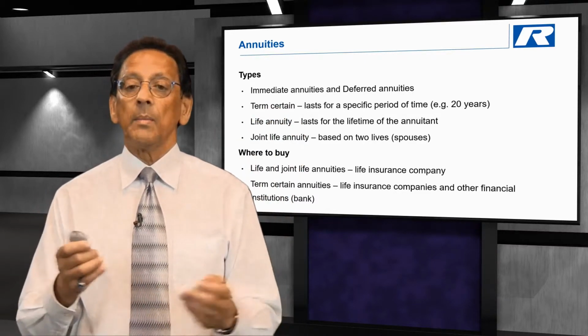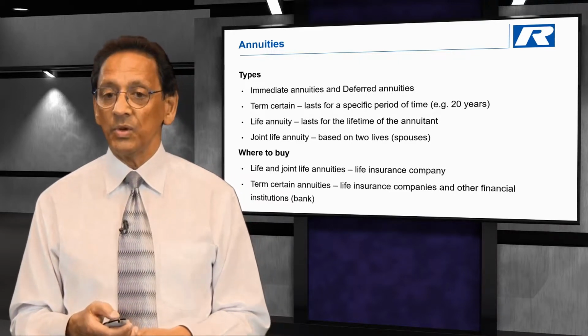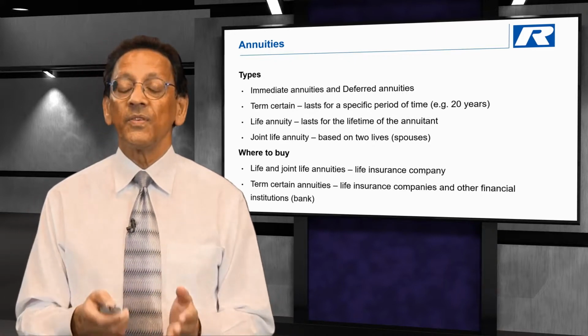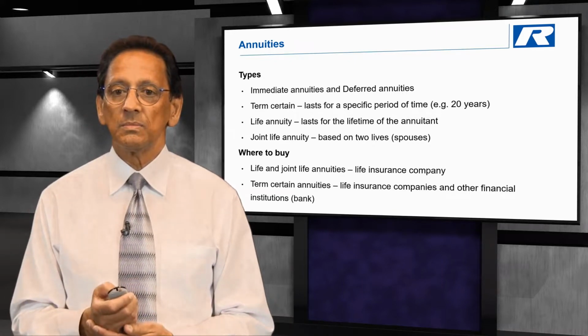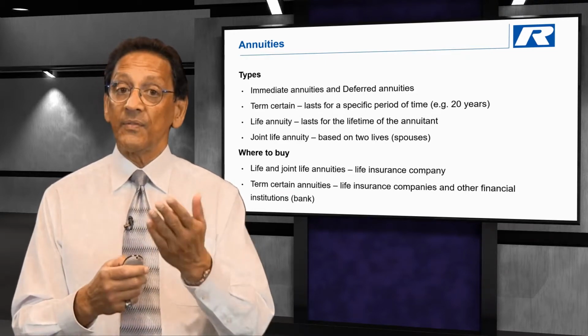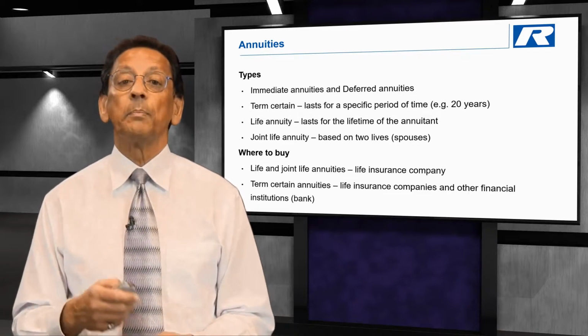Now, where can I buy an annuity? Well, I can buy life annuities, joint or single life, only from life insurance companies. I can buy term certain annuities from life insurance companies, but also from other financial institutions like banks.